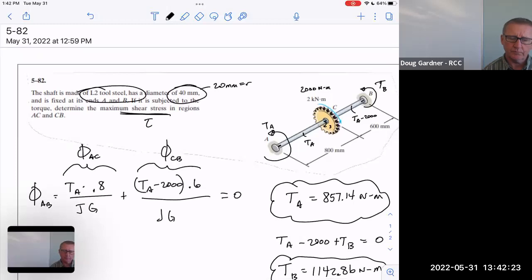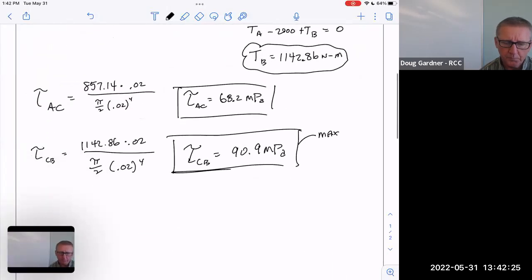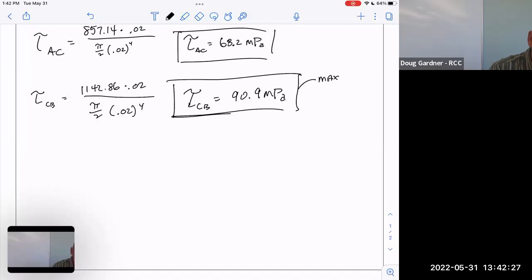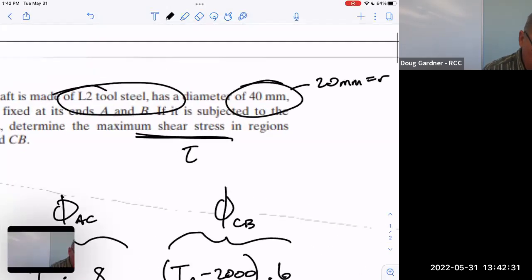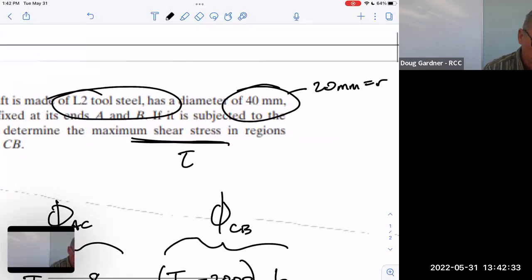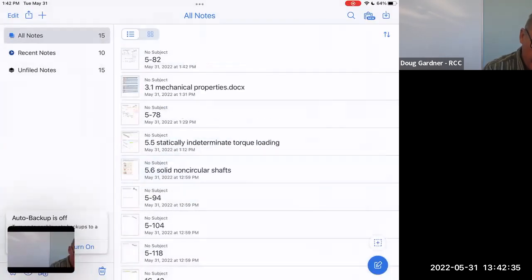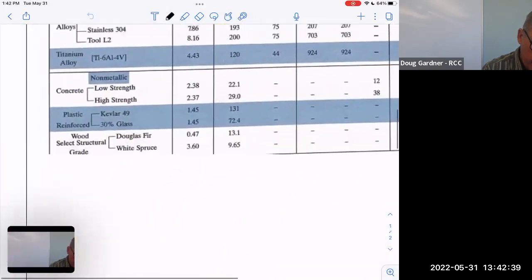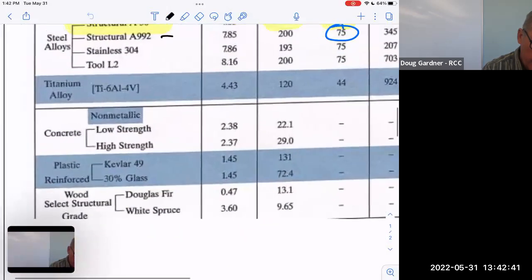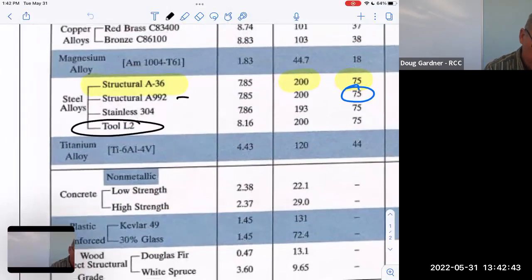We do that. Yeah. So let's see, what's that stuff called? L2 tool steel. We're in metric land. Recall hearing that one before. L2 tool steel. Oh, there it is.